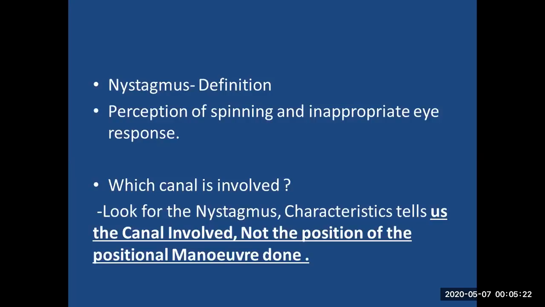Say when we are doing two or three other tests wherein we are looking more towards the horizontal semicircular canal, but when we are doing maneuvers with regards to the anterior semicircular canal, we are still seeing that the maneuvers which had elicited a nystagmus in the horizontal semicircular canal or the lateral semicircular canal are also evident when tested for the anterior semicircular canal. This shows that it involves more about which canal is involved first.